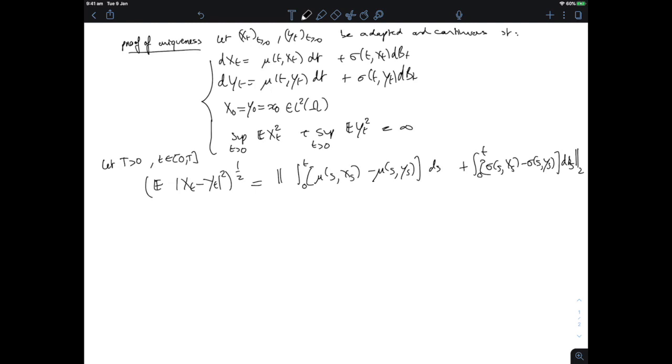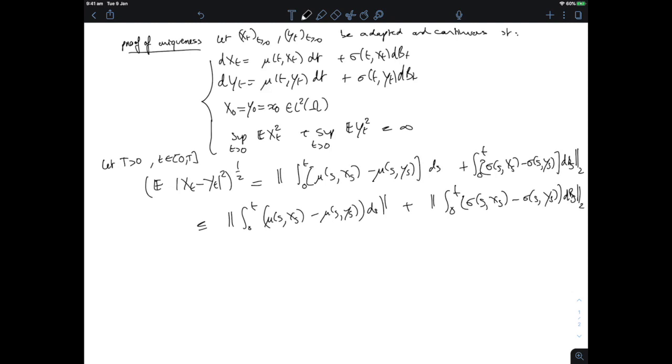Now I can use the triangle inequality and control that by the L2 norm of the part with mu, plus the L2 norm of the part with sigma, which is sigma_s(Xs) minus sigma_s(Ys) dBs.